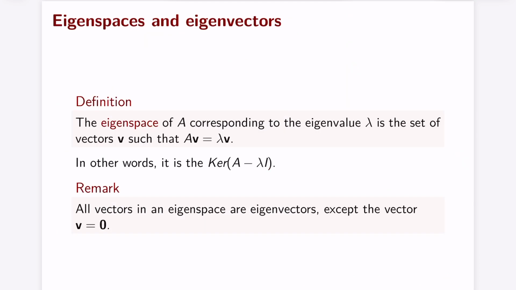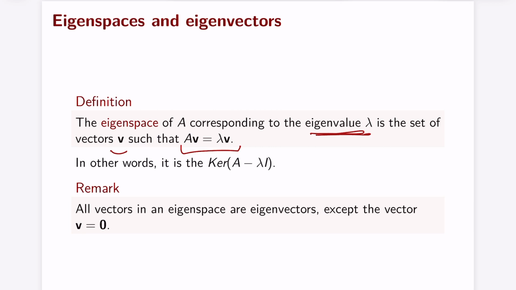The eigenspace is a space a little bigger than the eigenvectors. It contains all the eigenvectors, but also contains the zero. So the eigenspace of A, corresponding to a particular eigenvalue lambda, is the set of vectors b such that Ab is lambda b, with that particular lambda.